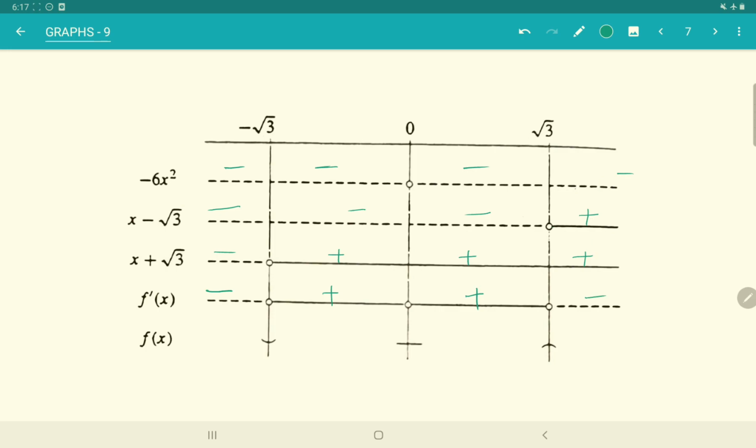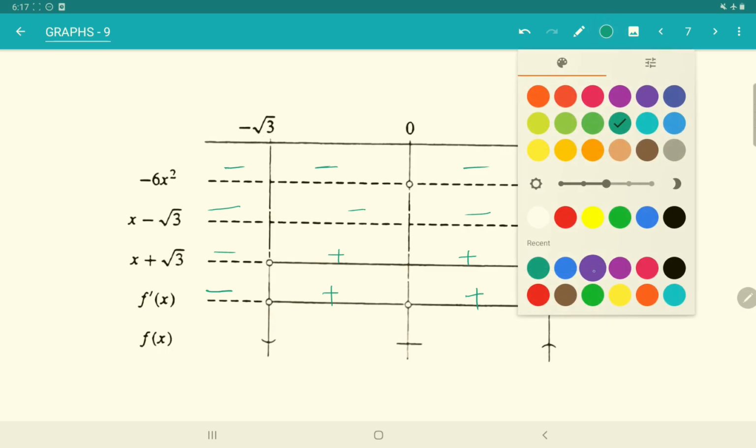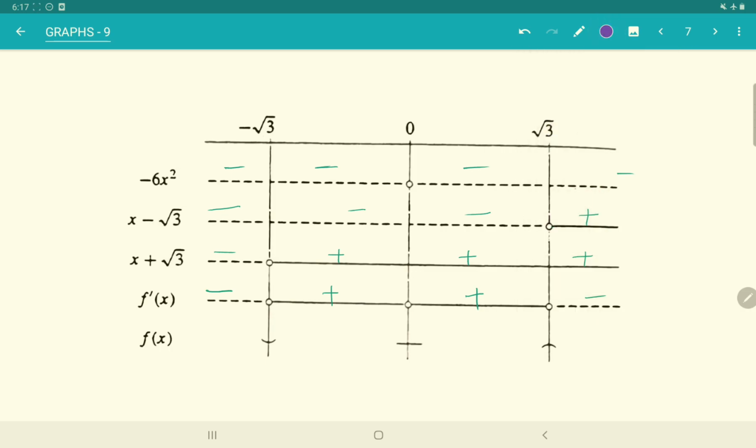So we know, looking at those three expressions which we have to be focused on, minus 6x squared, x minus root 3, in fact it is this. Let me just write it like this.